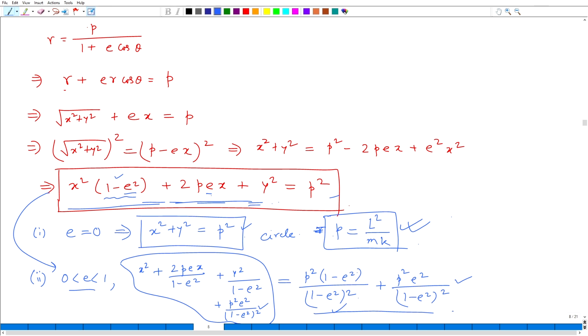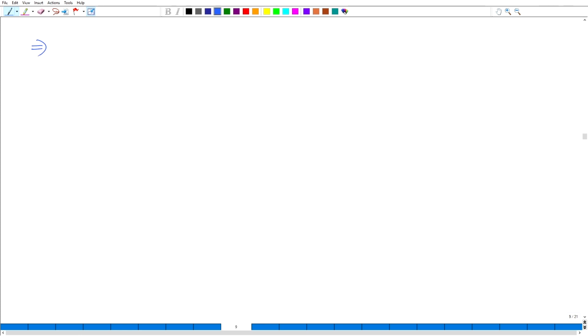Then in both left hand and right hand side you add this term equally. What is the advantage of this? Finally you write the equation as x plus p e over 1 minus e square whole square by a square plus y square by b square is equal to 1.